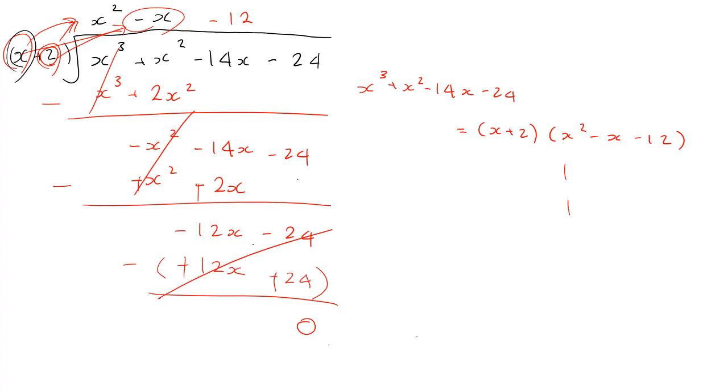So that's 1, 1, 3, 4, that will be a negative. Which means that it will be x plus 3, x minus 4. Therefore the fully factorized version of x cubed plus x squared minus 14x minus 24 is x plus 2, x plus 3, and x minus 4.